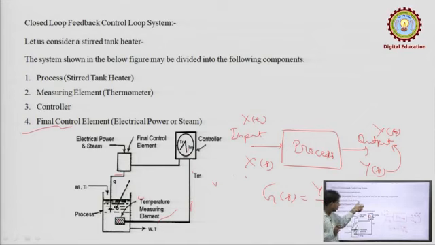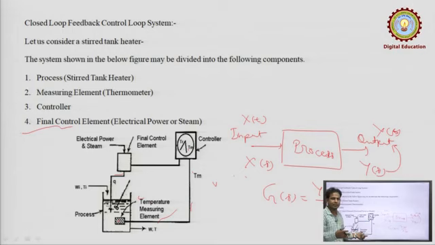So that whole thing is called the system, and the individual parts are the process, the controller, the final control element, and the measuring element. What is the process? It may be any first order, second order or nth order system. What is the controller? It may be any type like P, PI, PD or PID controller. What is the measuring element?